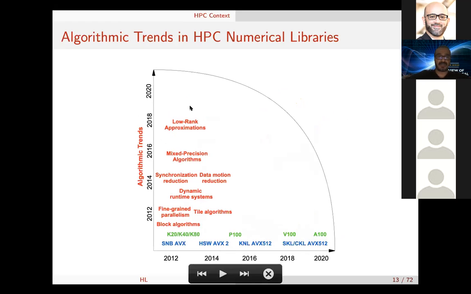So this is a cartoon showing the algorithmic trends in numerical libraries, in high performance computing numerical libraries. On the Y axis, you have the algorithm trend. On the X axis, the hardware trend. And there were many optimizations, many new algorithm ideas and innovations that happened along the last decade to again revisit those linear algebra libraries that most applications rely on to extract performance.